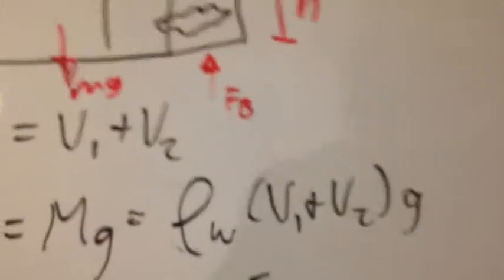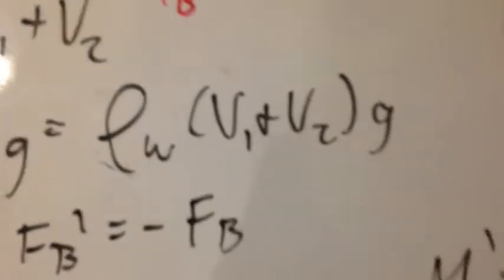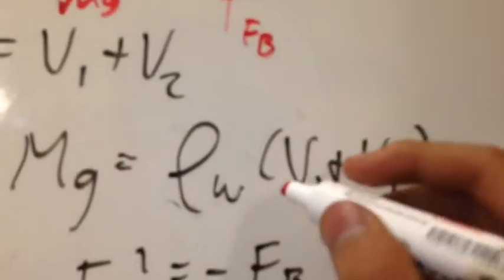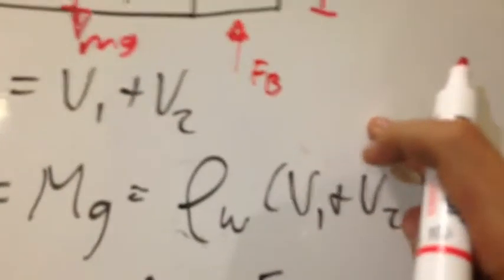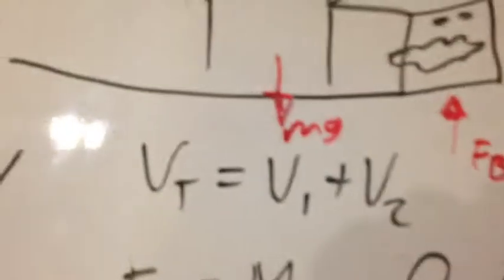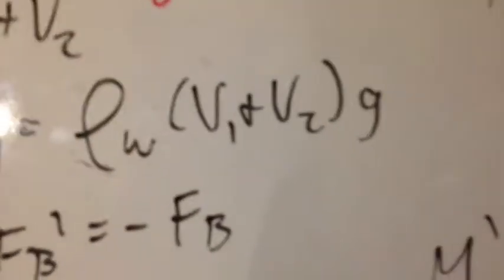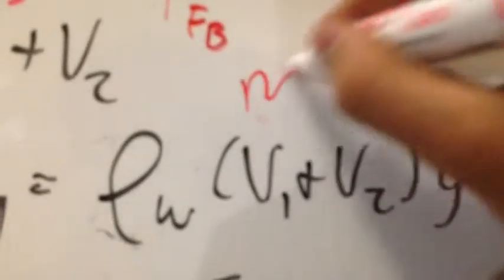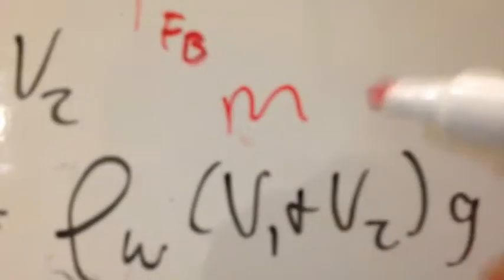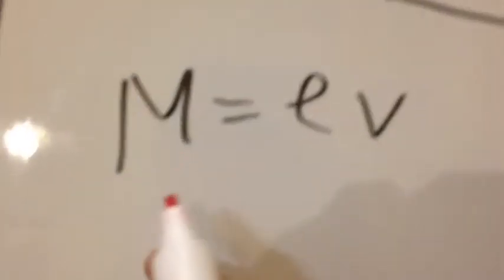So that gives us the density of water times the total volume, which is volume 1 plus volume 2, times gravity. Why this? Because this would be the mass, but we know that the mass is the density times the volume.